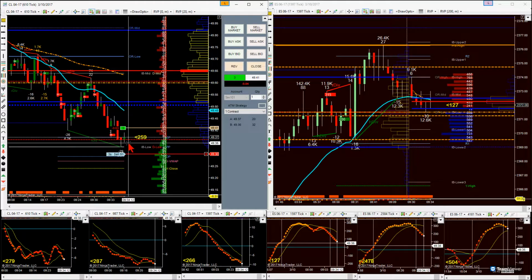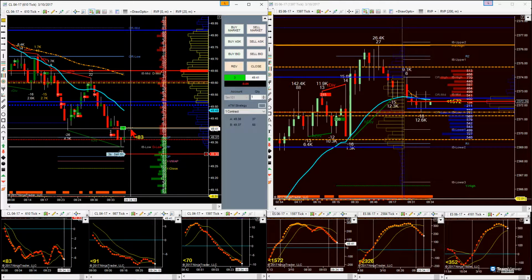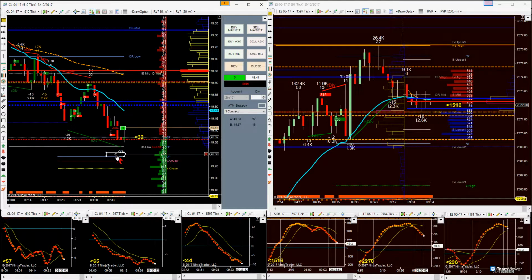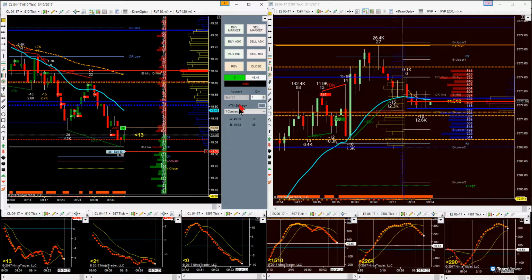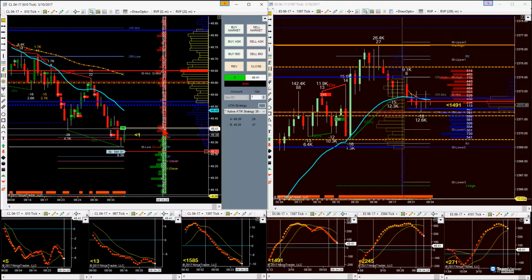Okay. What do we have? We have positive divergence coming down to test this VPOC. We're now in 3 contracts, which gives us a 10-tick stop loss. And that's going to take a minute here.